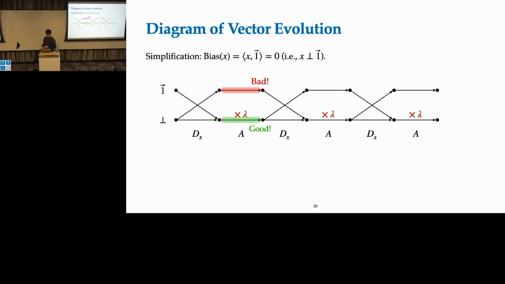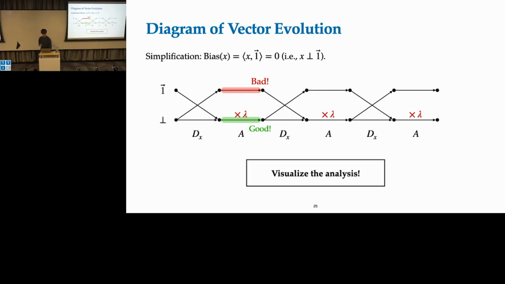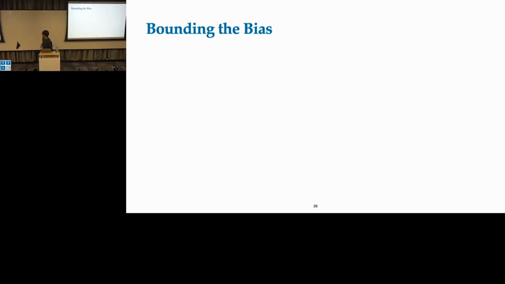All right, so using this diagram, we're able to just read out the analysis. Here's a claim: the operator norm of DA is at most lambda. And importantly, this is not lambda squared. We have two A's in the matrix, but only one lambda. It turns out this is actually pretty bad.